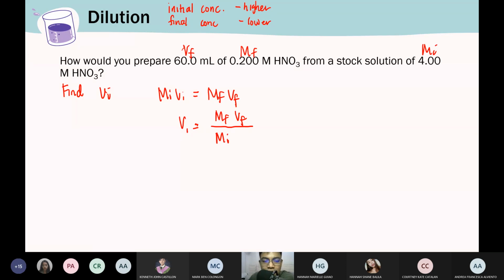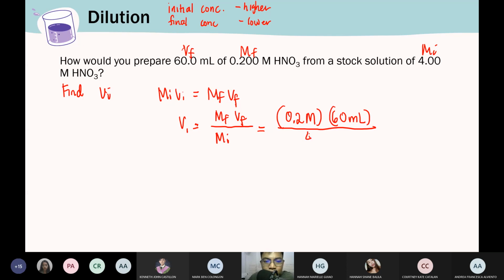Something interesting with this equation, you don't need to convert units na. Ay, wala nang convert. So molarity final is 0.2 molar. Volume final, 60 ml.